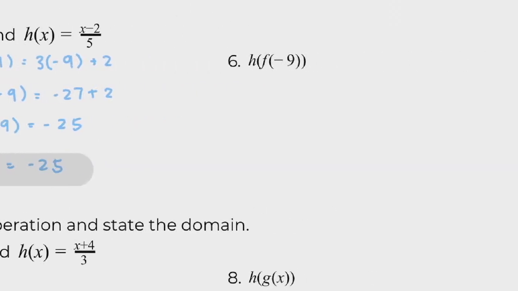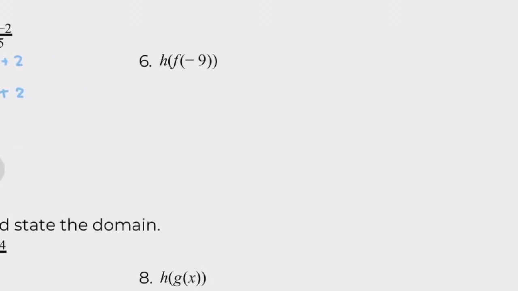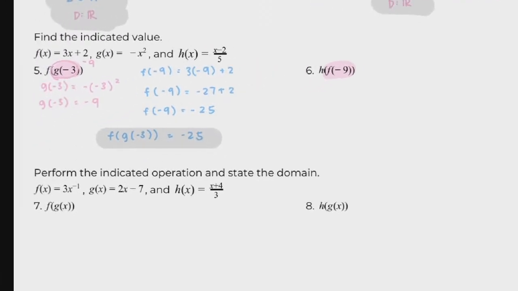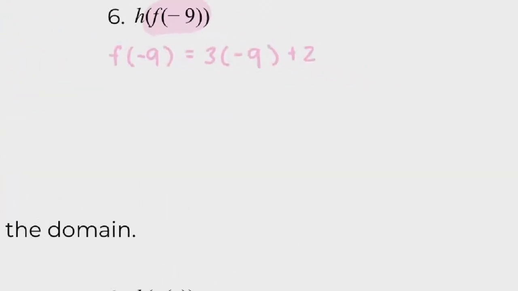Okay, next we want to find h of f of -9. So again, we want to find this part first. f of -9 would be when we plug -9 in for the f equation. So that's going to be -27 plus 2.